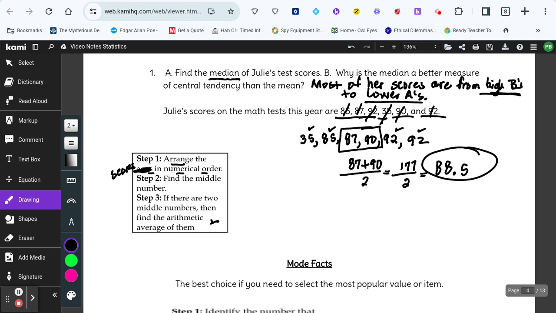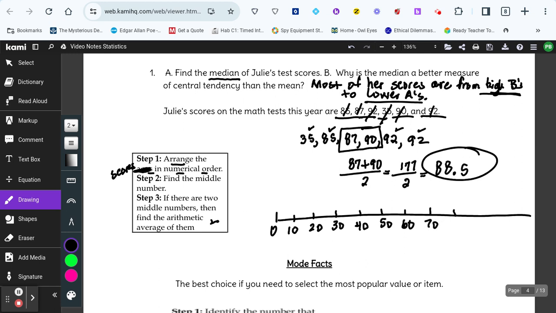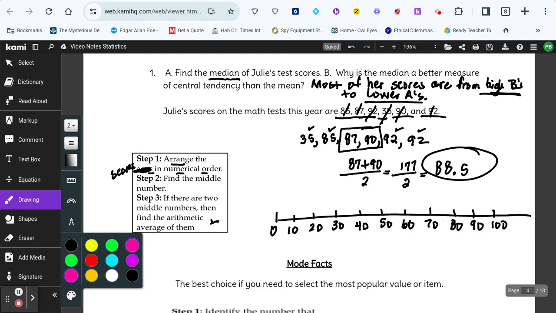So even if I put these numbers on a number line, I'm going to do these in tens so you can see more what I'm talking about. All right, so an 85 would be dead in the middle.